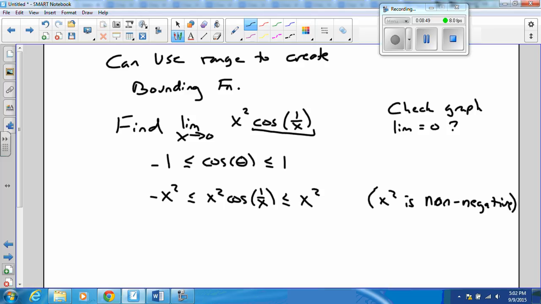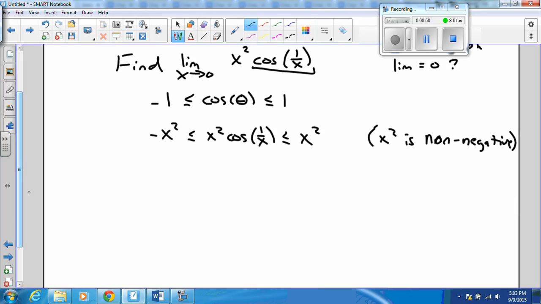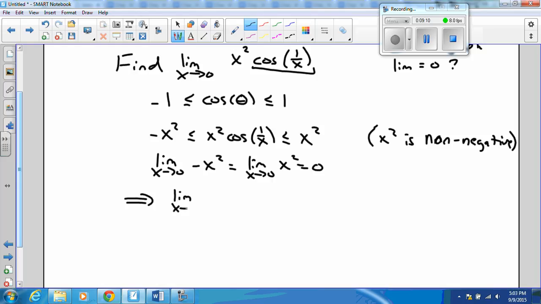And therefore, I don't have to flip the inequalities when I multiply through by x squared. Well, armed with this, I observe also that the limit as x goes to 0 of -x squared is the same as the limit as x goes to 0 of x squared, which is equal to 0. And therefore, I can conclude that the limit as x goes to 0 of x squared cosine 1 over x must be equal to 0 also.